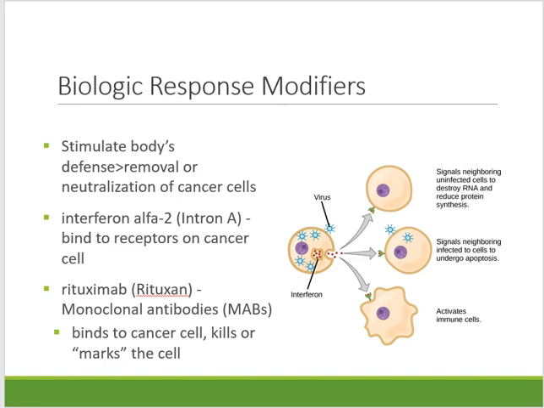It also tells the cells to undergo apoptosis, and it activates immune cells. So it does quite a few things, and this is our normal immune response. So when giving these drugs, you need to know that they might get flu-like symptoms because they're enhancing what your immune response normally does.